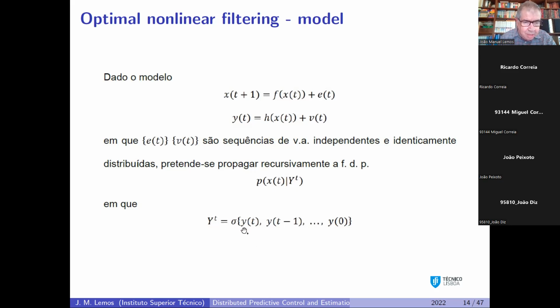Why a sigma algebra? A sigma algebra is a set of sets, and probability has to do with measure theory. So to simplify things, assume that we want to compute probabilities of the state given the set of observations up to time t.